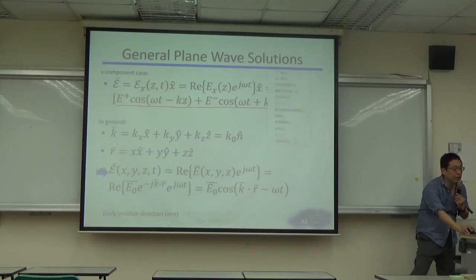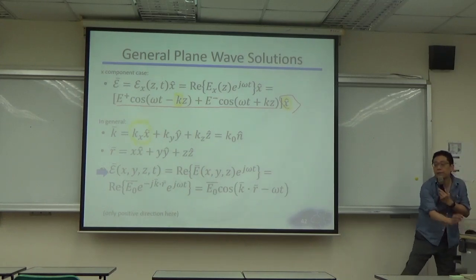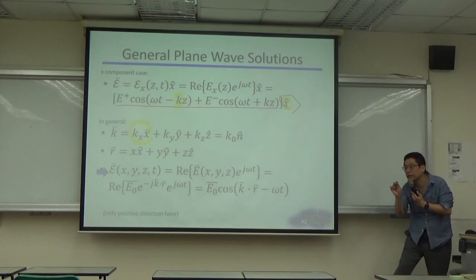And then you can pick out only this part multiplied by X. You redefine this as part of a vector K. Okay?